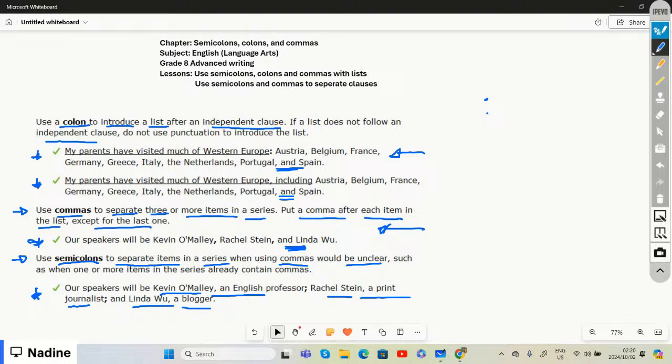Whereas the semicolon separates the three speakers plus their professions. So it gives us the three speakers, and it tells us what their profession is.